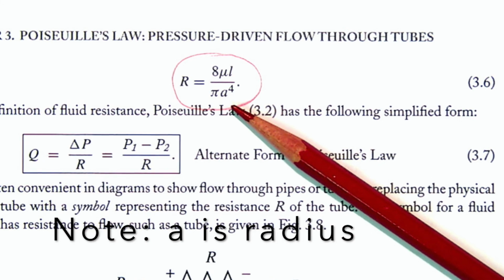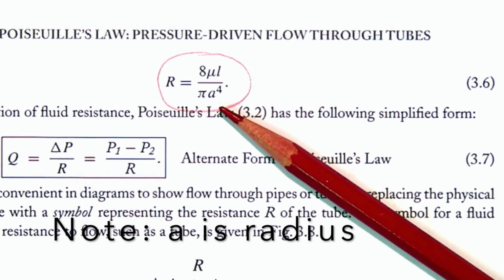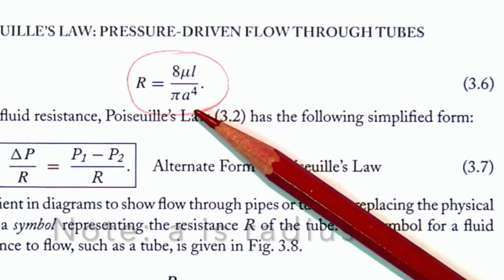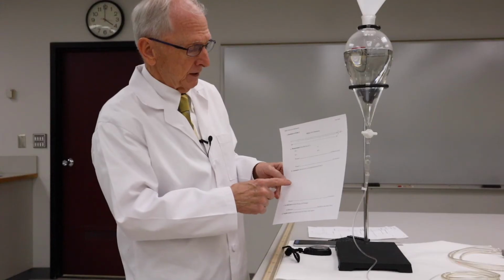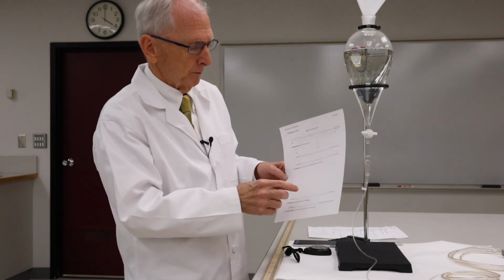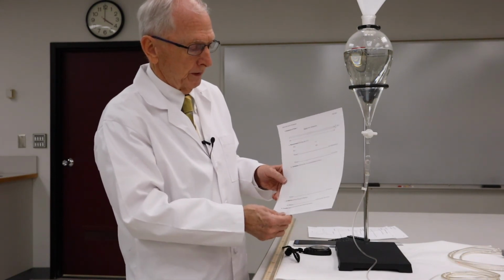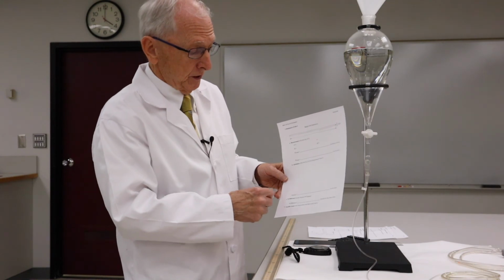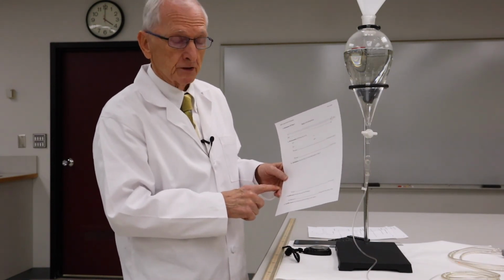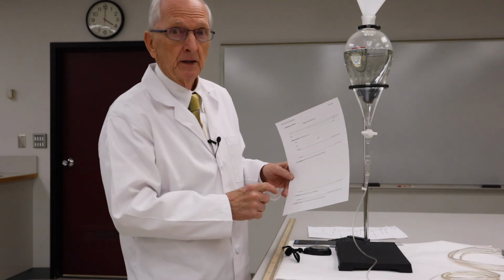And based upon the dimensions of tube 3 and the viscosity of water that you can look up in the appendix like we did before, please calculate R3 theoretical in this expression right here from equation 3.6. And it'll be in SI units, so write that value in this line right here. And then pause this video and come back for the final calculation.